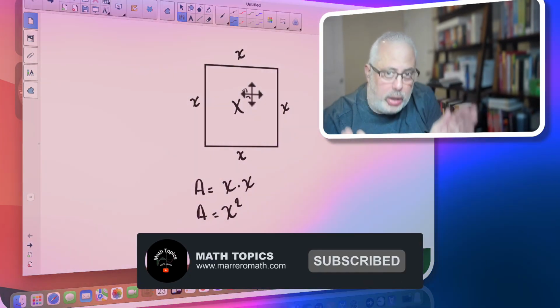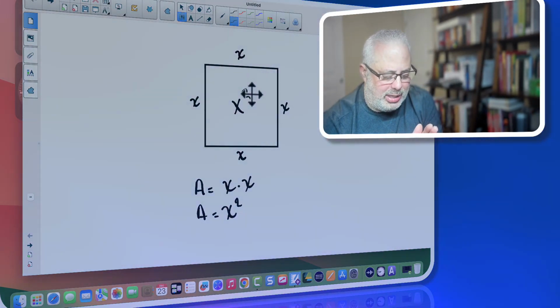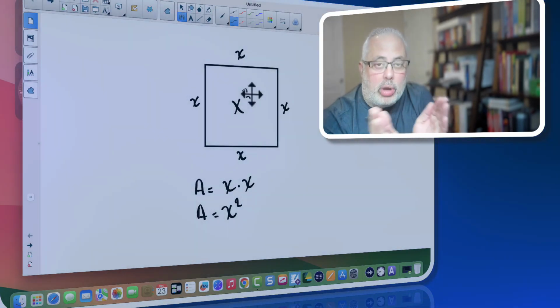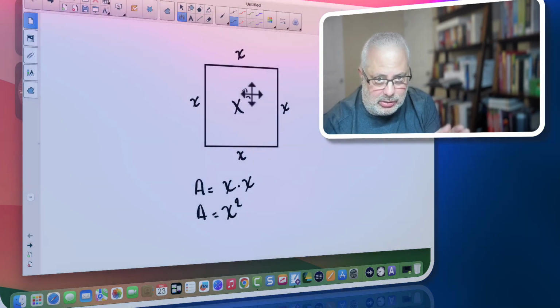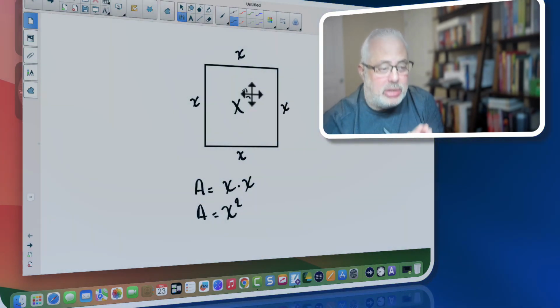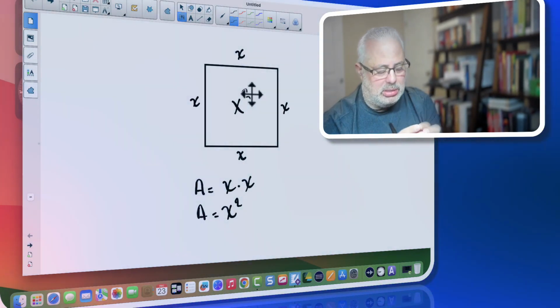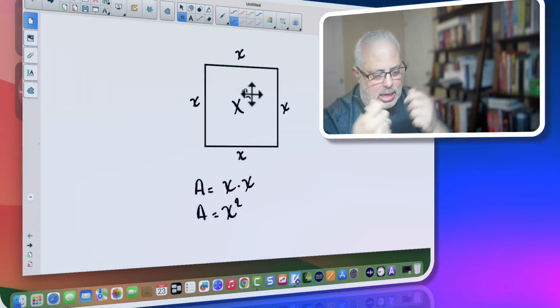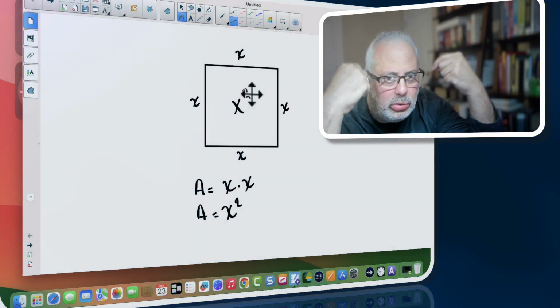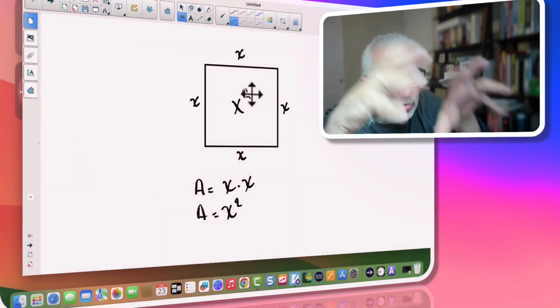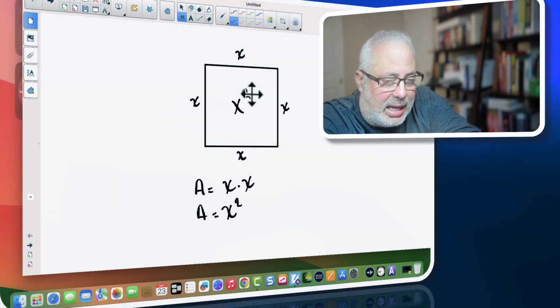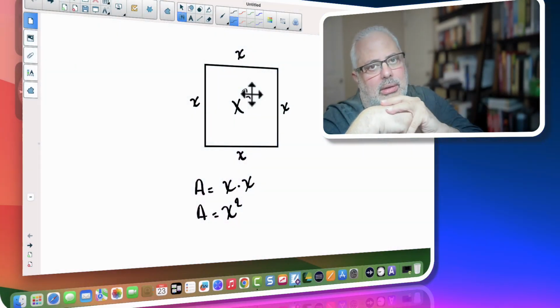So x squared is no more than the area of a square with sides x. And that expression, x squared, is a quadratic expression, a quadratic structure. Because the student needs to know that the beginning of all of this was how to find the area of that square with side x.